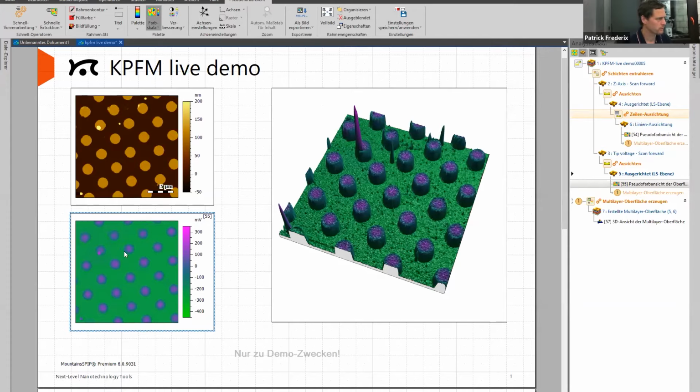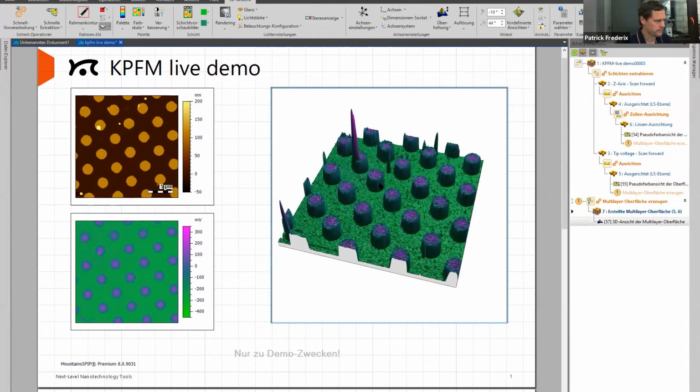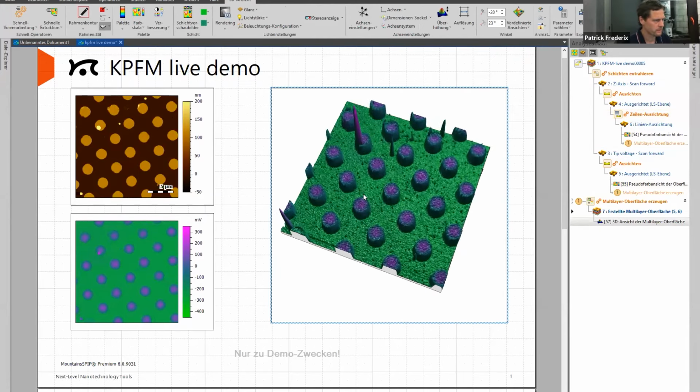Top left is the topography, bottom left the tip voltage, and here you see the overlay. You can rotate this. What is very nice about the Mountain SPIP software is that on the right side you have all the steps that you did to your sample.